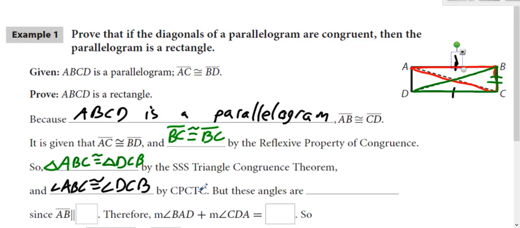But we're told it's a parallelogram, so those angles also are supplementary because they are consecutive angles, because AB has to be parallel to DC. Supplementary means they add to 180.